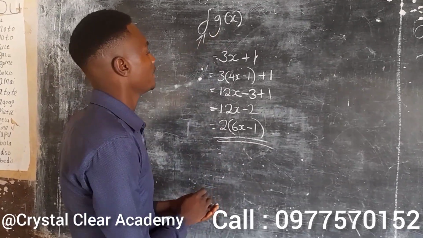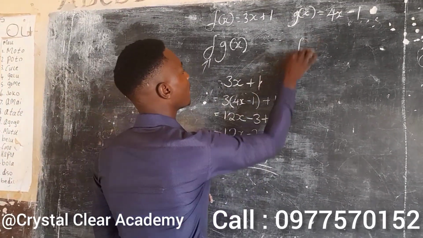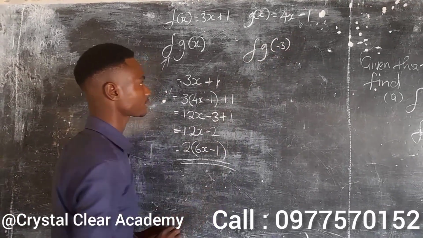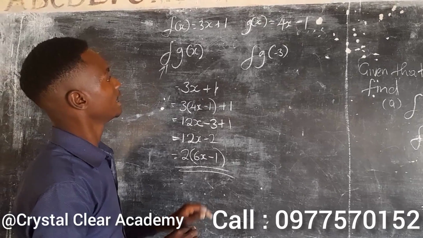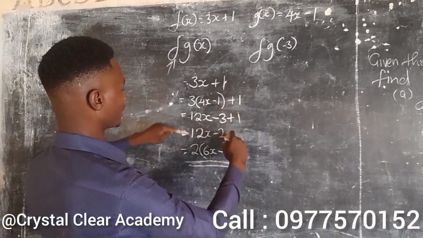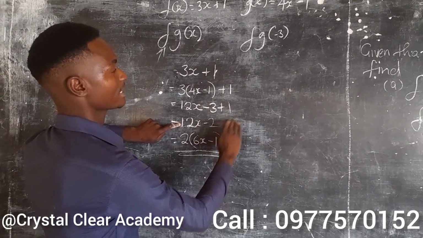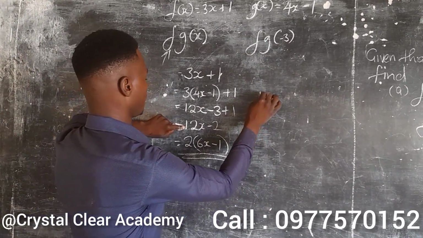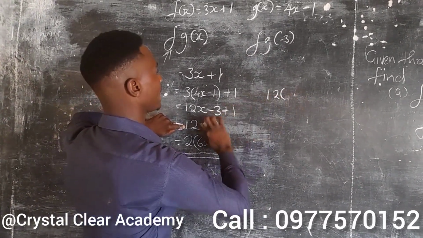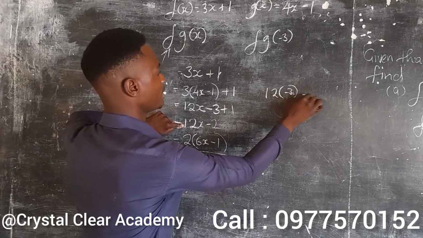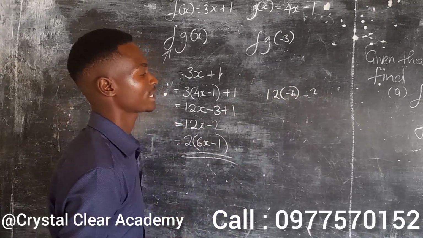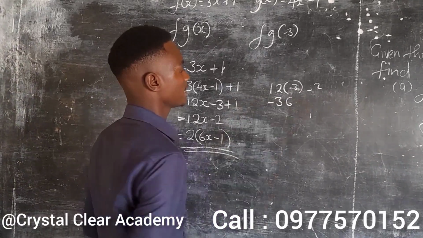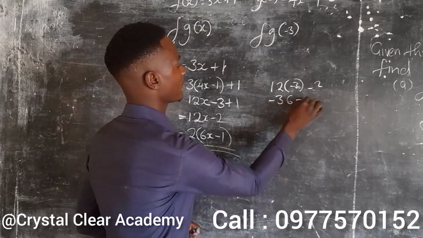If here you are given, let's say, f of g of negative 3, it means that after solving an expression, when you reach this stage where there is x, you substitute negative 3, and it will be 12 multiplied by negative 3 minus 2. 12 times negative 3 is negative 36 minus 2.